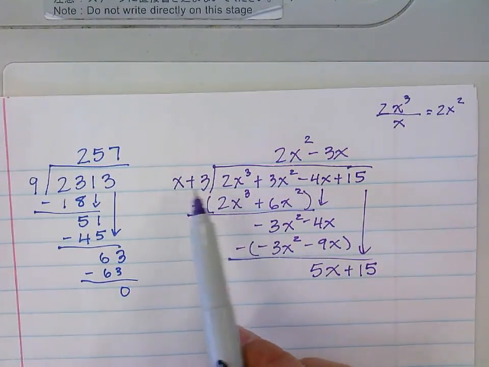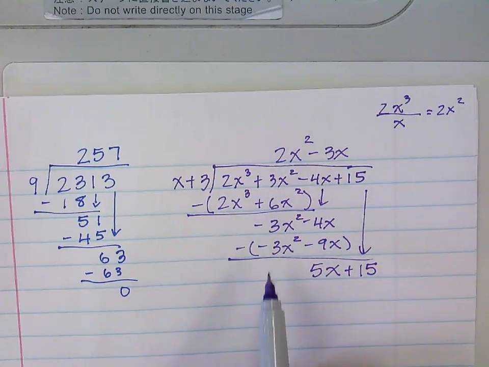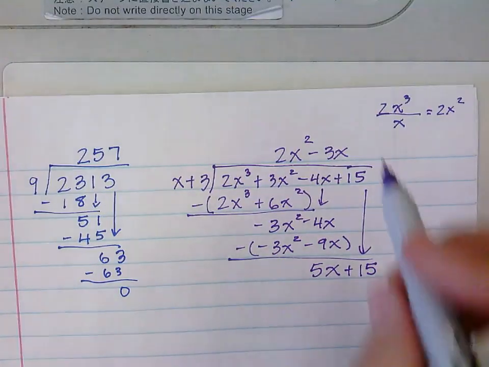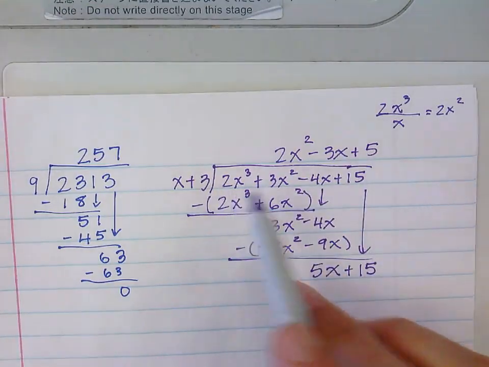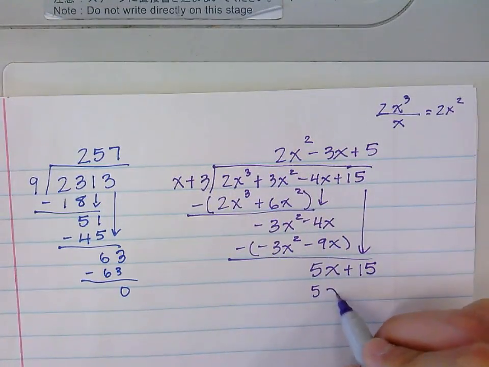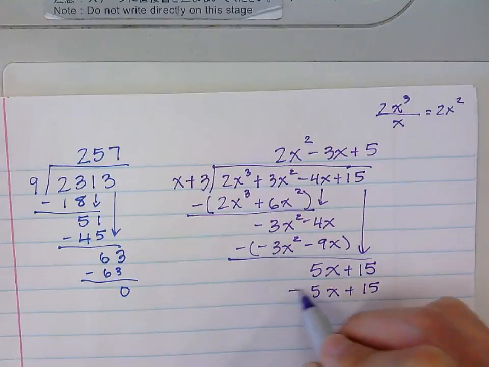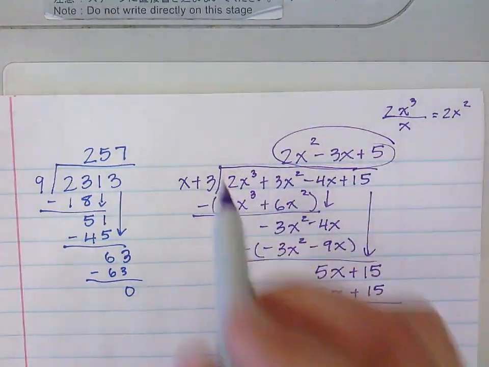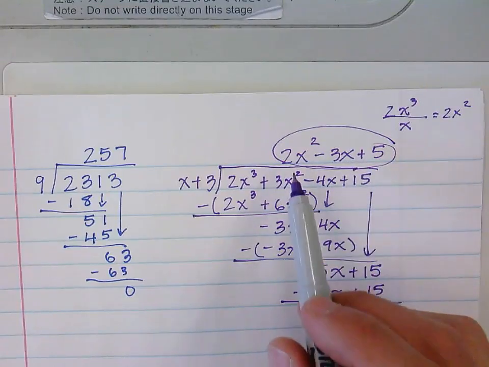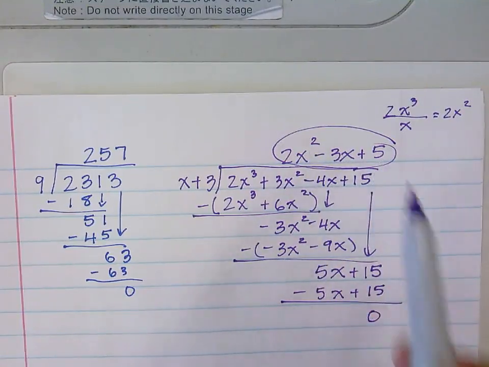We now ask, can we find x plus 3 inside of this binomial? We can. How many times? 5 times. The product of 5 and x plus 3 is 5x plus 15. And there's no remainder. So we end up with this quotient of 2x squared minus 3x plus 5.